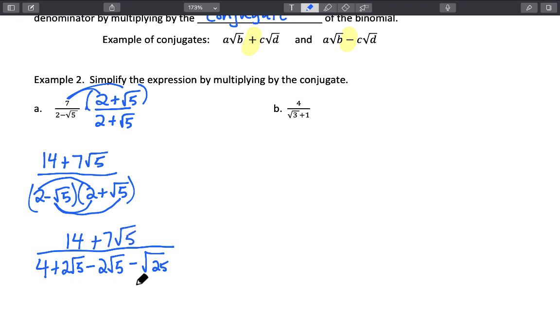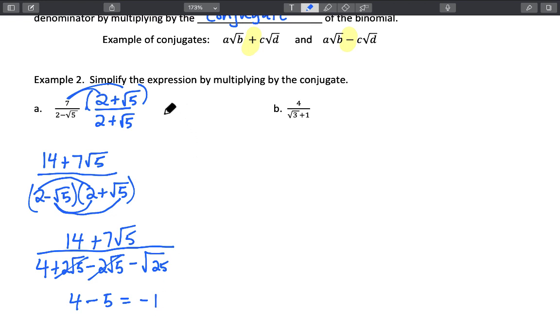All right, so let's simplify. If you notice in the denominator, I have a positive 2 root 5 and a negative 2 root 5. Well, those are going to add to 0, and I'm left with just 4 minus the square root of 25, which is 5. So 4 minus 5 is equal to negative 1.